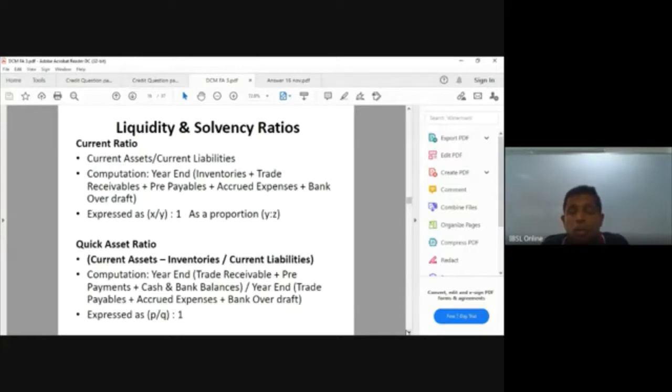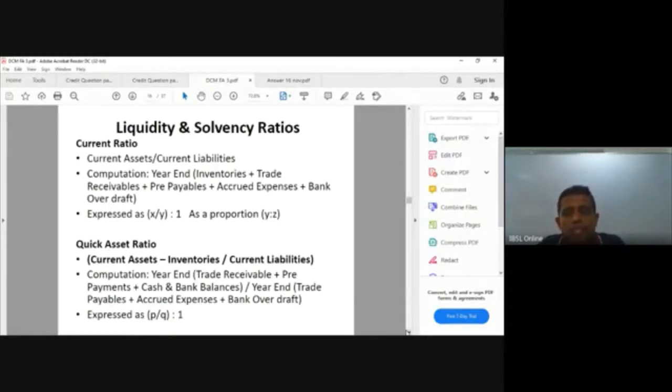If that can be done very fast, we say those assets have higher liquidity. If it takes some time, we say those assets may have lower liquidity.